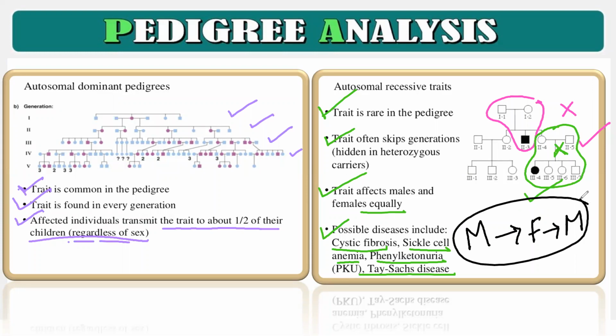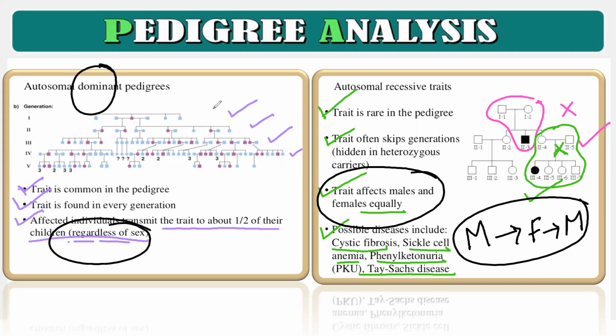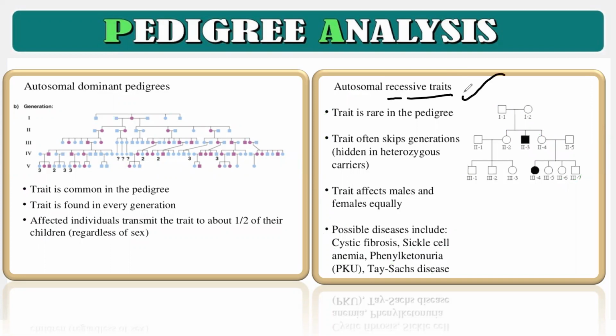In autosomal, it is equal, regardless of sex. How to differentiate dominant: in every generation you will find it because the gene is dominant. Whereas in recessive, it often skips generations, and the majority of recessive cases are carriers that carry the gene but do not express it.